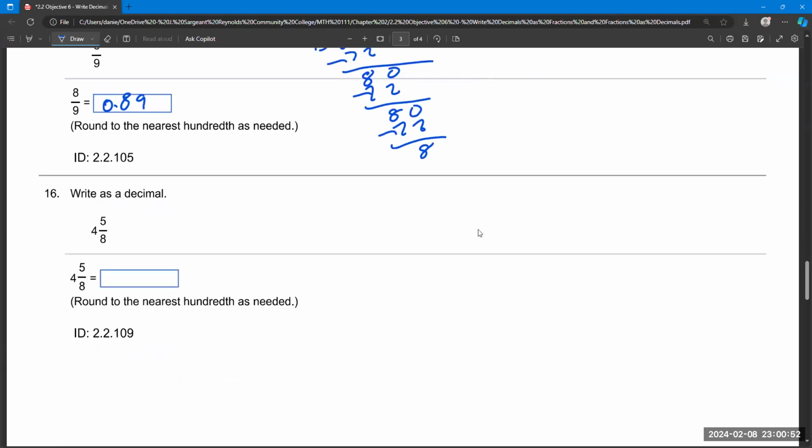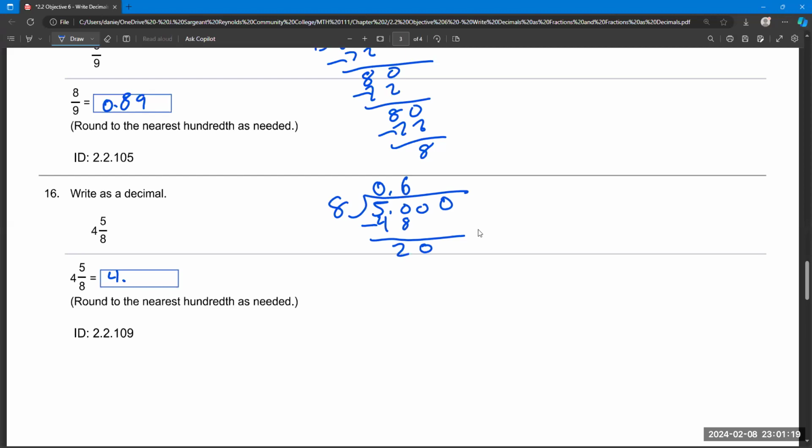And we have 4 and 5/8. So we know we're going to have 4 point something. Let's figure out what 5/8 is. 6 times 8 is 48. Subtract and get 2.